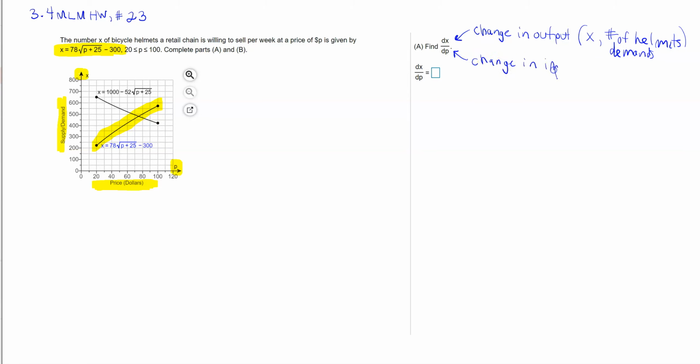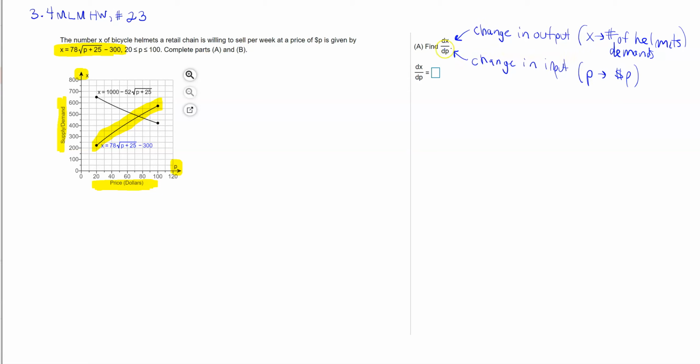Our input on the x-axis is P, the dollar amount for that demand level. I should put a little arrow there so it doesn't look like an ordered pair. I'm just getting in my mind what these units are telling me. So, change in helmets, the demand level: how is the demand level changing with respect to the price? So we're going to find this derivative.